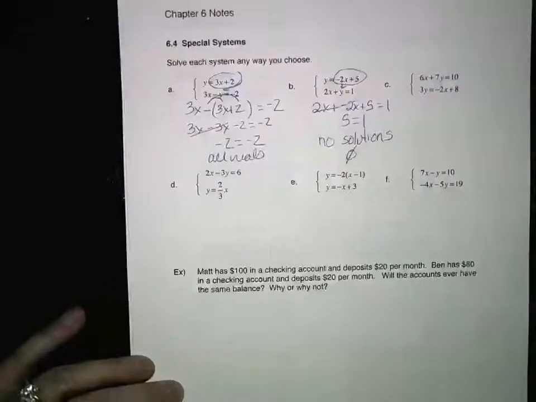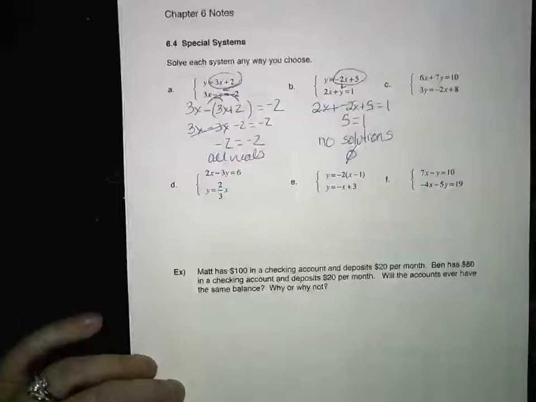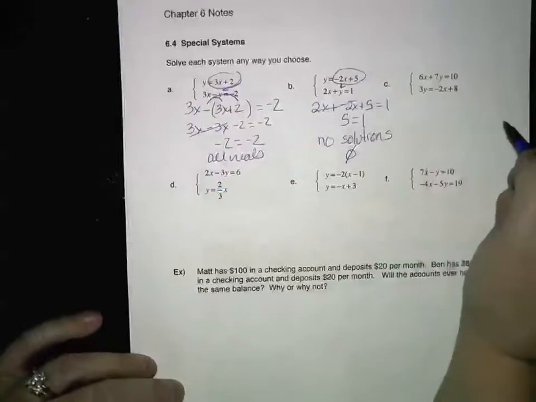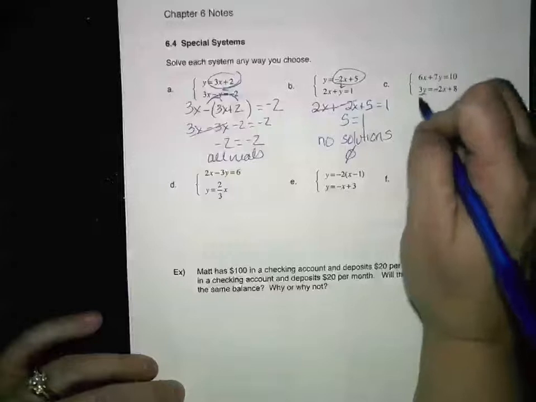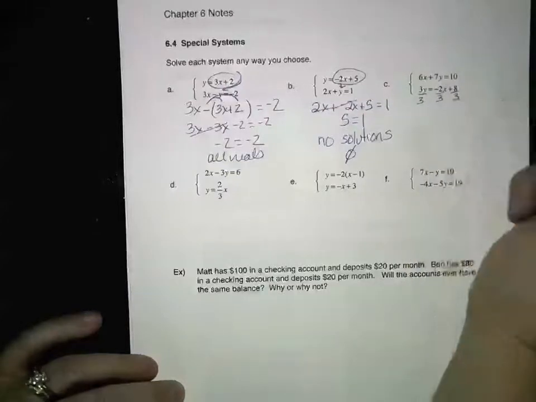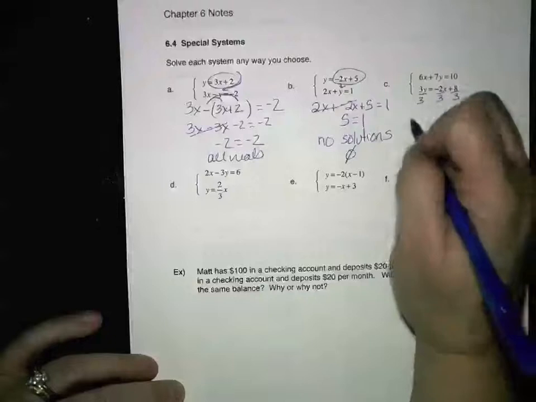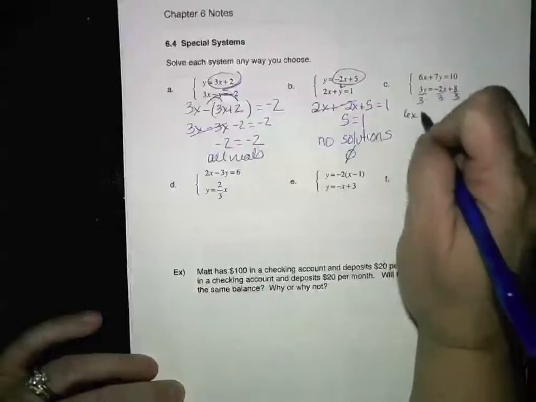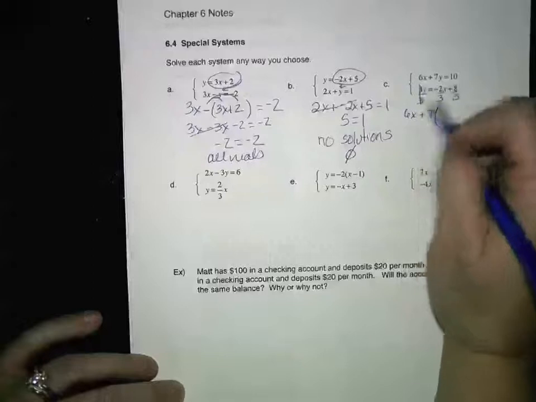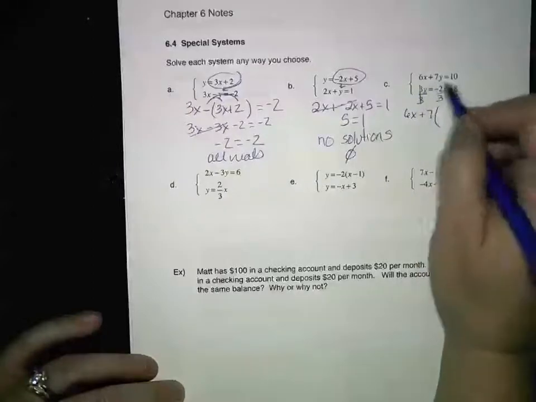This next one, just trying to think of a good way to do it. I guess I'm going to divide everything by 3. And we're going to have some fractions here. So that would become 6x plus 7, and we're going to put this in place of the y.